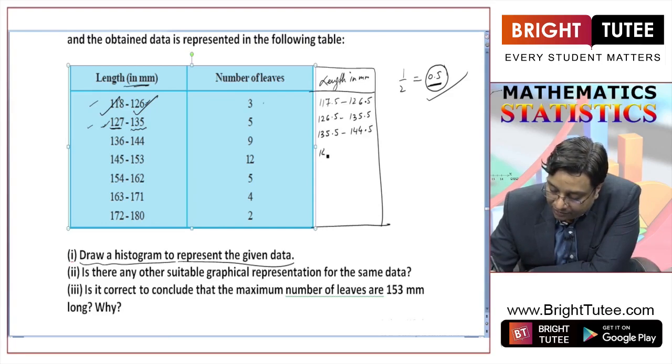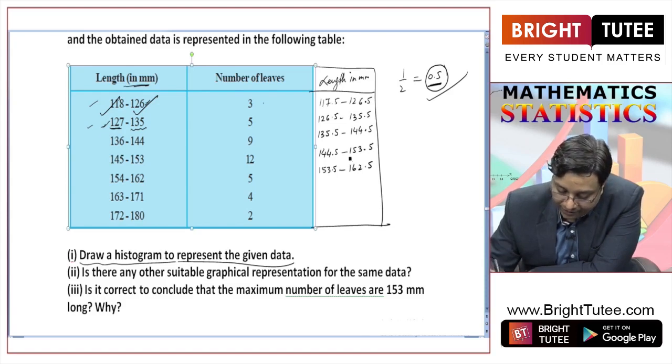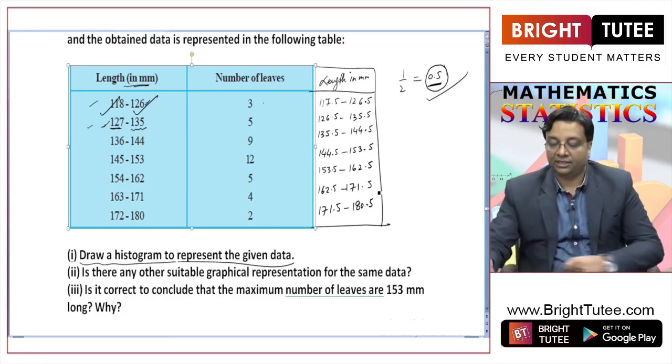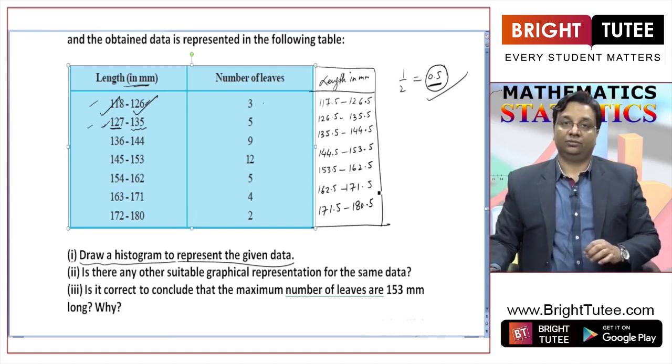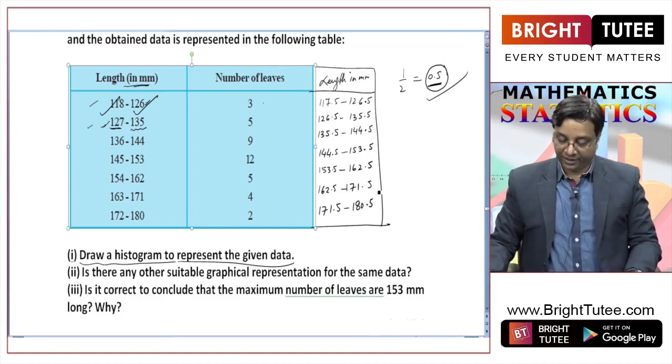Next we'll start from 144.5 and go up to 153.5. Next one will be 153.5 to 162.5. Next one will be 162.5 to 171.5, and the next one will be 171.5 to 180.5. So these are the classes now in the continuous class interval, right?